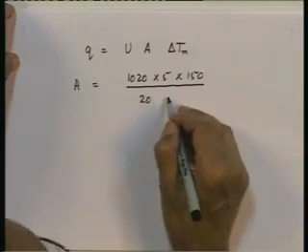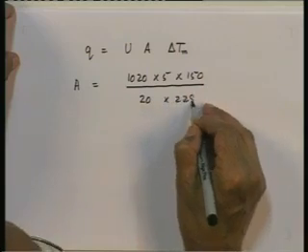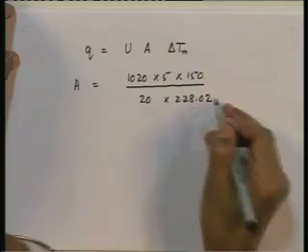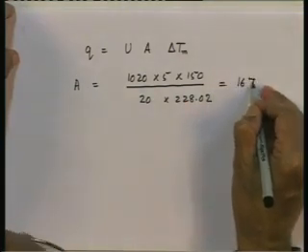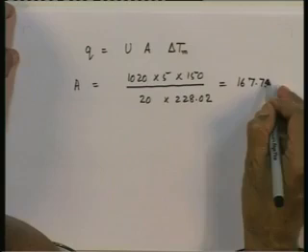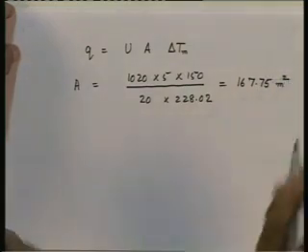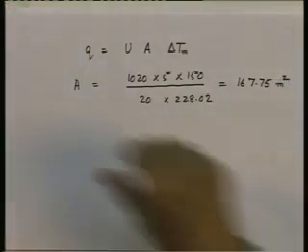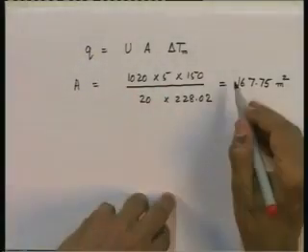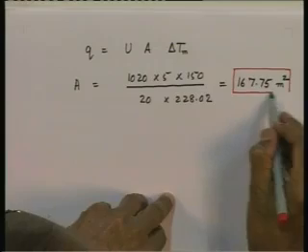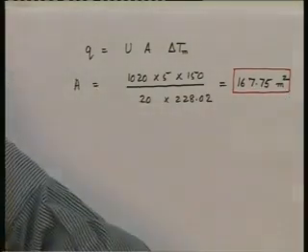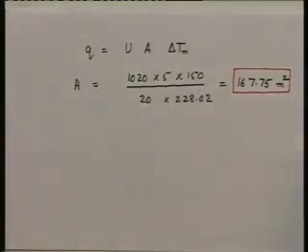U is 20 and delta Tm is 228.02. So, we get the area A of the heat exchanger to be 167.75 square meters. That is the answer to the problem, 167.75 square meters for the given data that we have got.